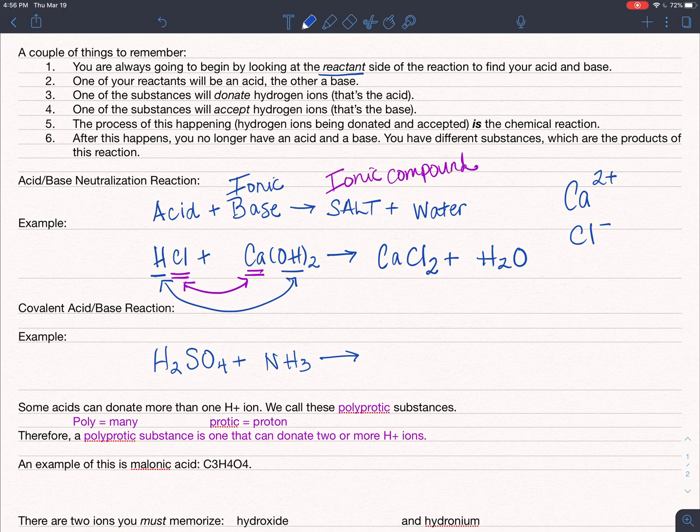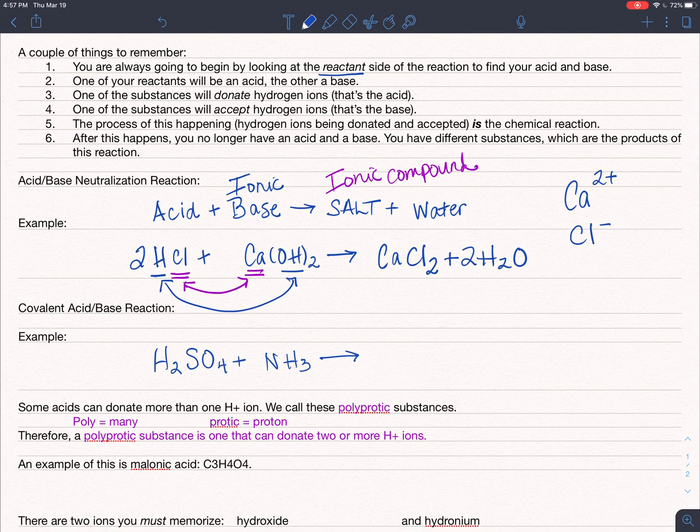Hang on, I'm looking for my notes because I already had that done. Yeah, 2HCl plus Ca(OH)2 makes CaCl2 plus 2H2O.